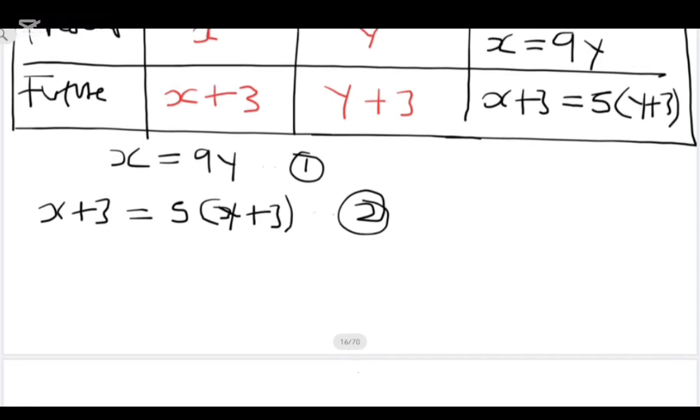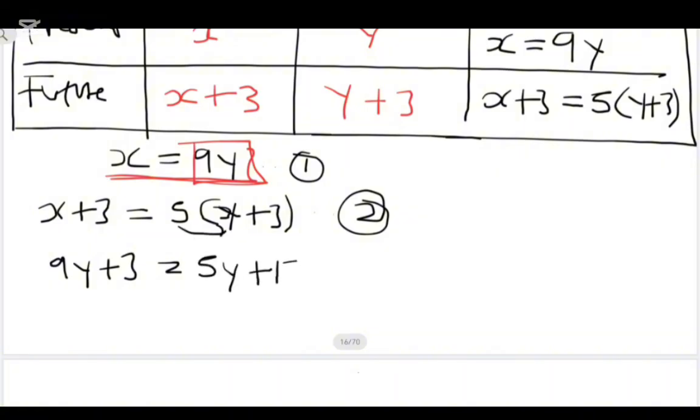How I'm going to do that is very easy. Whenever there is x in this second equation, I'm going to substitute 9y, because x is equal to 9y. So whenever there is x, I put 9y plus 3, which is equal to, and I distribute this, 5y plus 15.